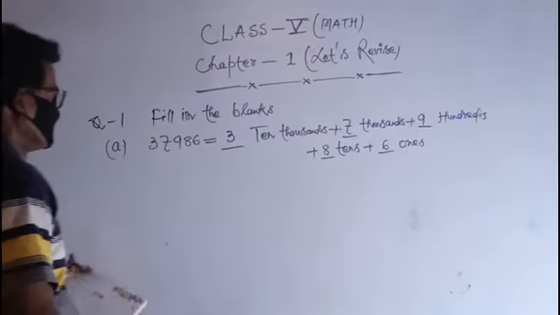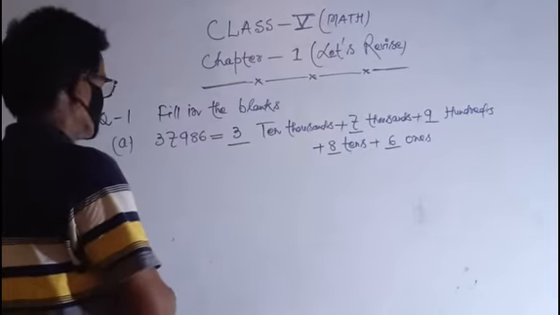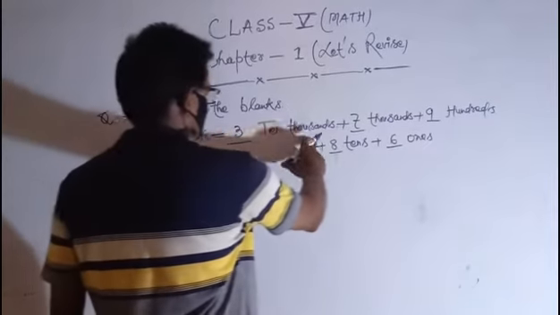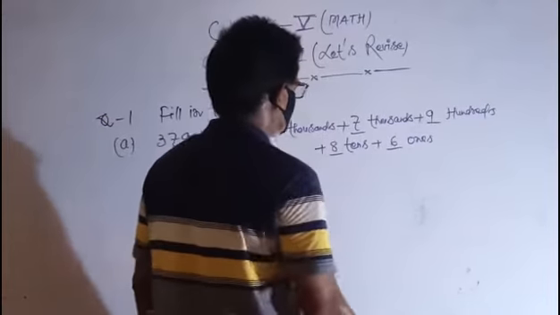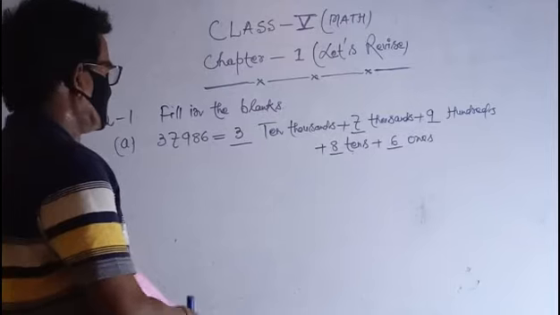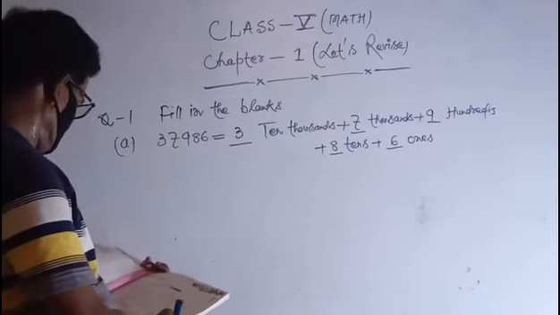It is your enlargement of the given number: 3 ten thousands, 7 thousands, 9 hundreds, 8 tens and 6 ones.